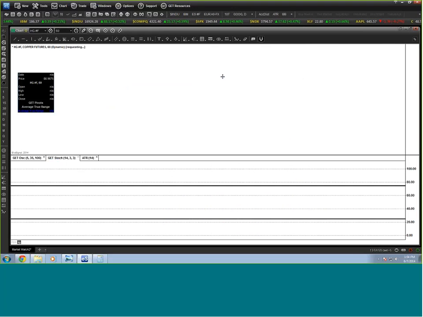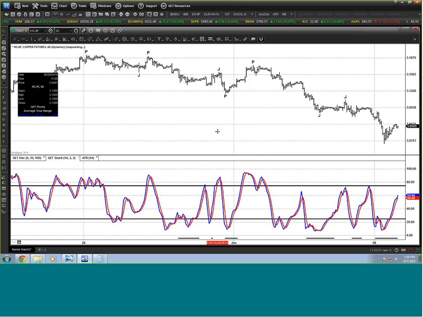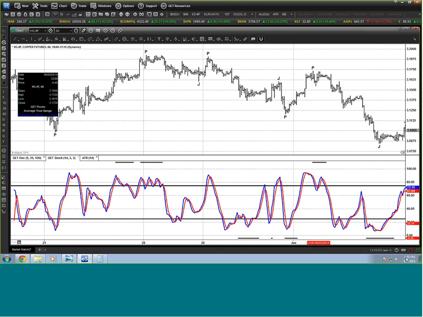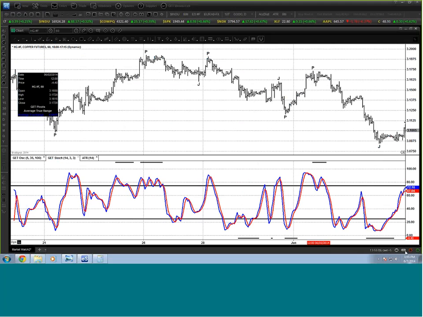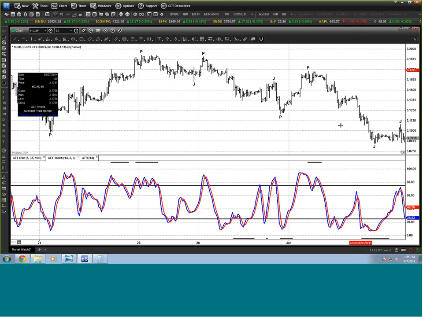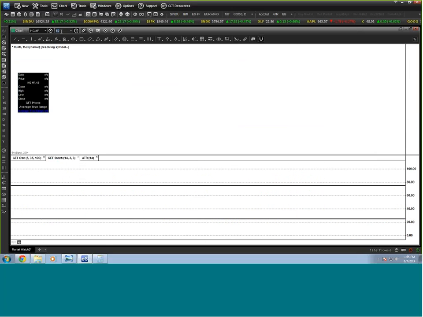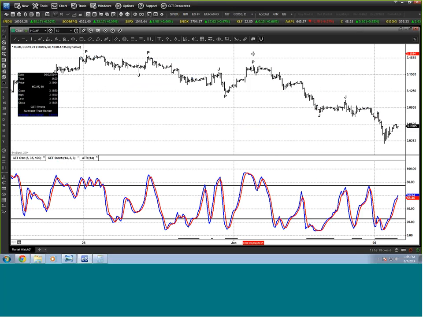It was on a 15-minute chart or something, where we were able to get into that big down move on copper, that overnight move. It was just a beautiful move. So yes, it works on futures, stocks, daily charts, weekly charts, 5-minute charts. It's universal. The patterns that I showed you today are universal to any type of market.